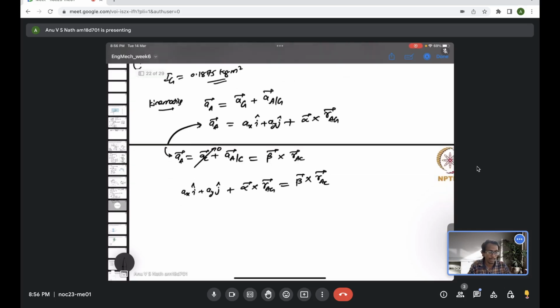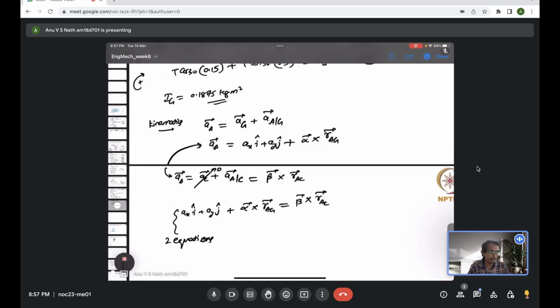Now you have one equation, but it has two component equations. Now one more unknown came, beta. AX, AY and alpha were already there, but we have two equations.